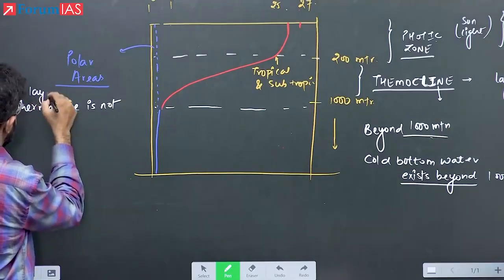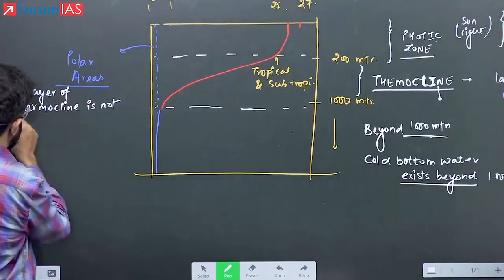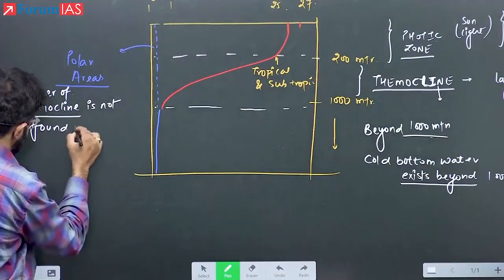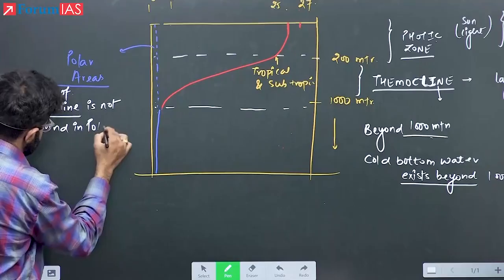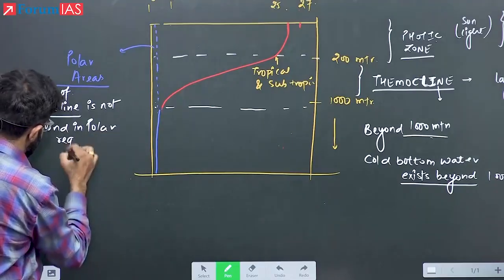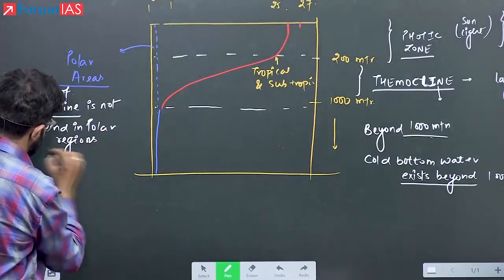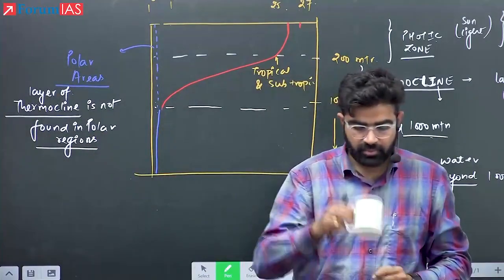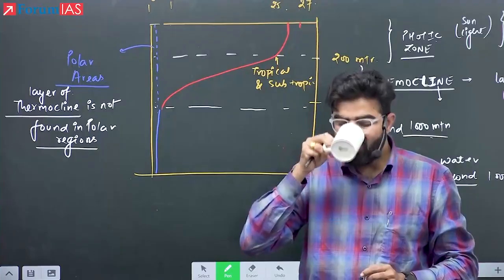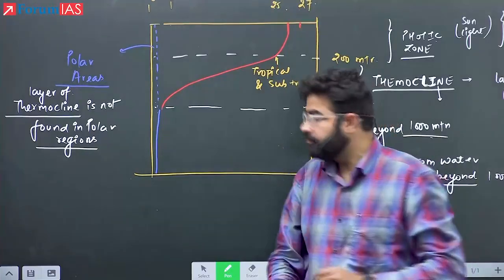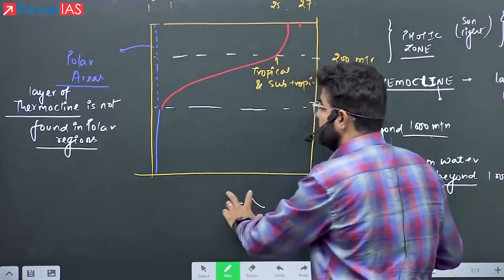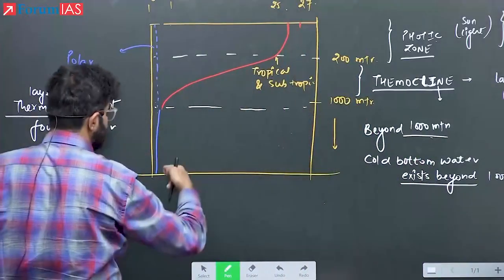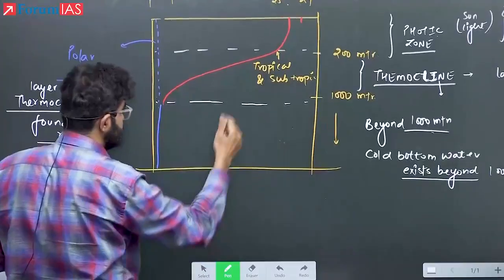The layer of thermocline, or thermocline zone, is not found in polar regions. And one more, just write down: for the temperate regions, this type of graph will be followed, but only in case of summers.